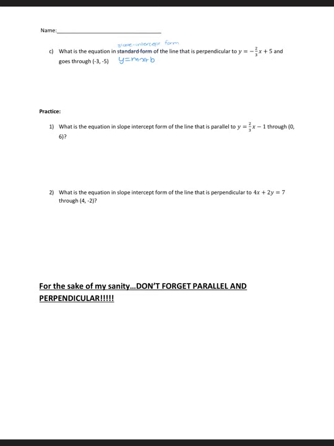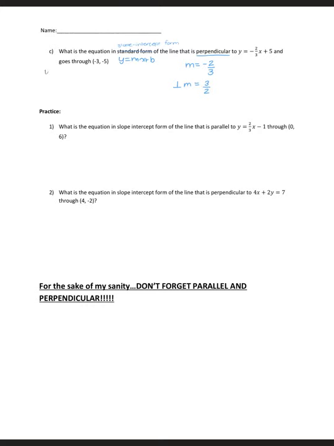Perpendicular, that means we have to take the opposite reciprocal. So my slope here is negative 2/3. So that means that my perpendicular slope is going to be the opposite sign, so positive, and I flip my fraction over. Okay? And then we go through the same exact process as we did before.